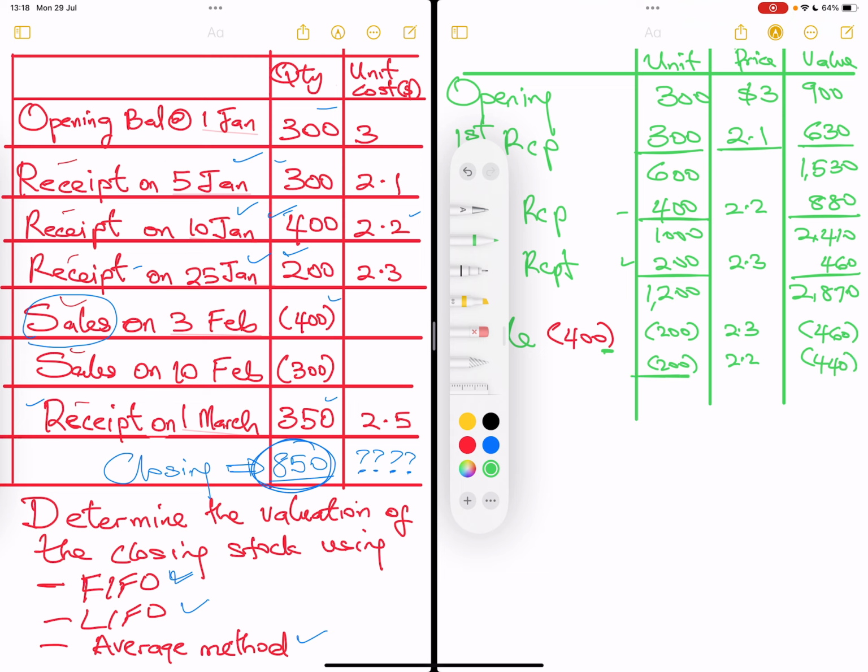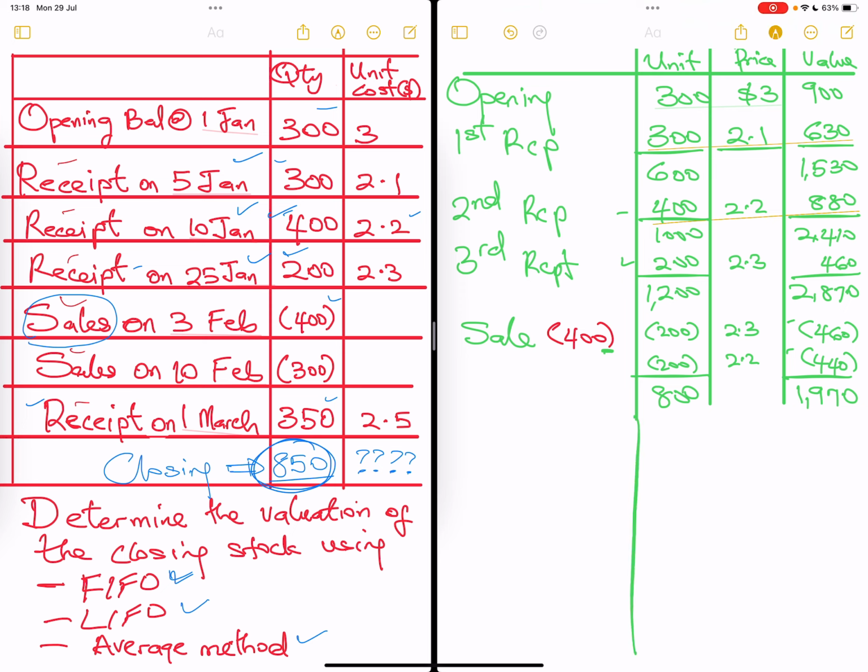So close all of that. We're going to have 800 left, and that 800 will be valued at 2870 minus 460 and minus 440. That ends up with 1970.